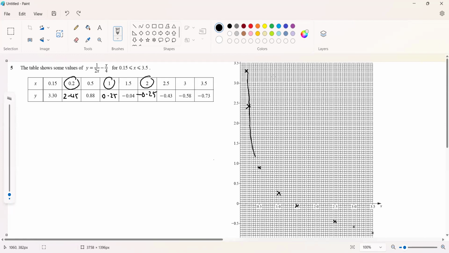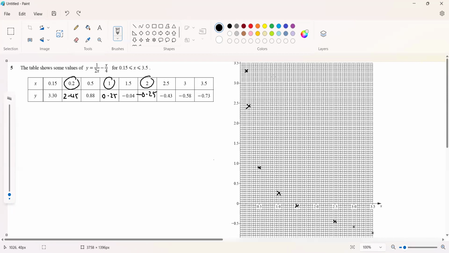So I'm just going to draw it roughly, because I'm not able to perform the drawing as well. So I'll try my best to work it out. Okay, it's not very good either.